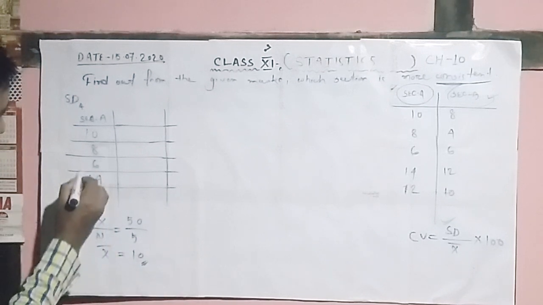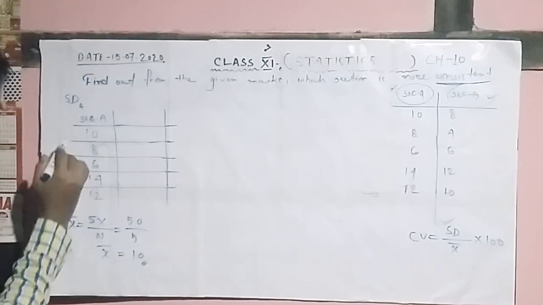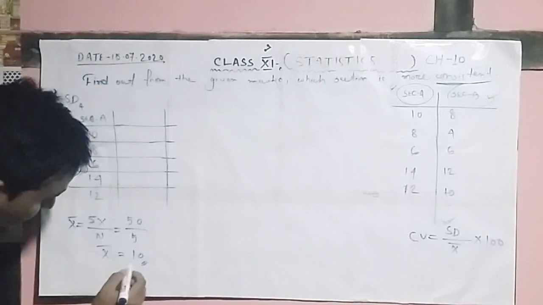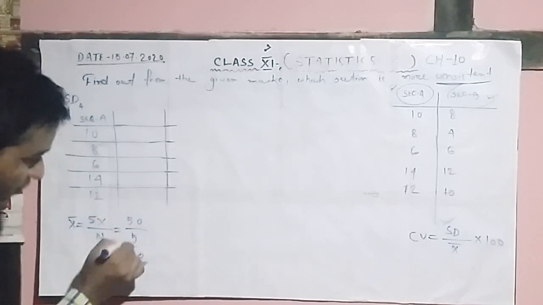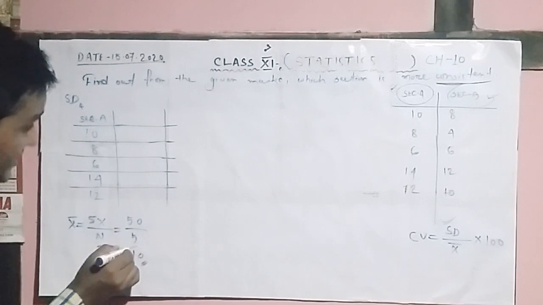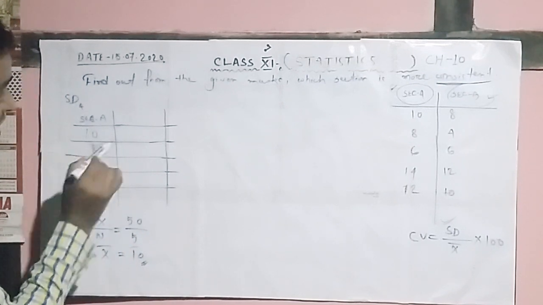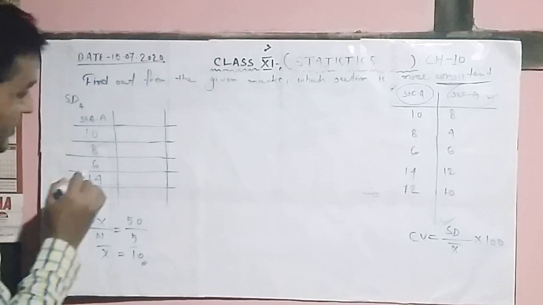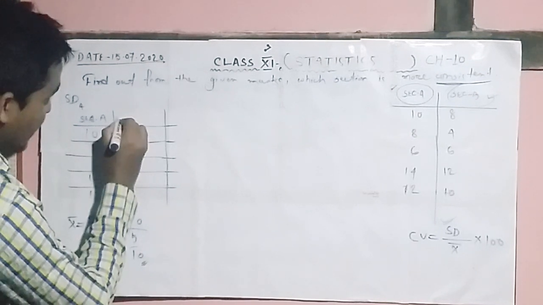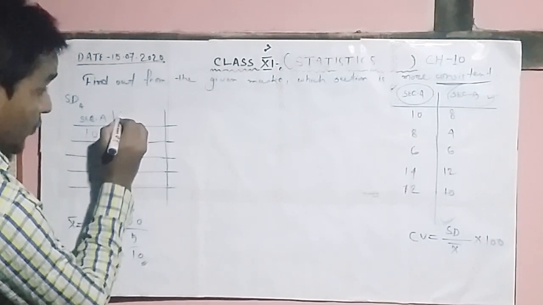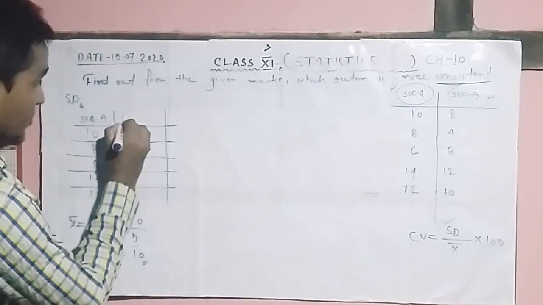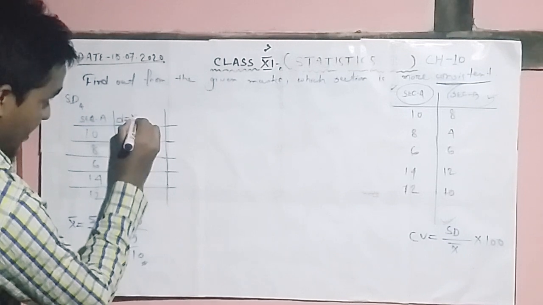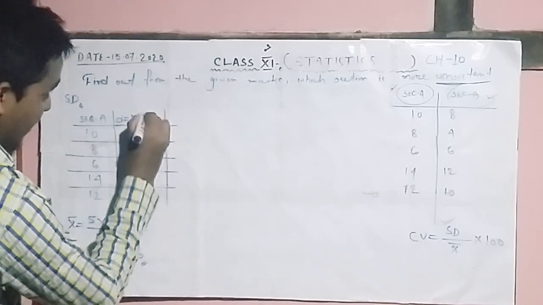So here the total number of students is 5 and their marks are 10, 8, 6, 14 and 12. But the average mark is what? 10. Now we have to find the deviation, that is the difference of each student's mark from the average mark. So d equal to x minus x bar.